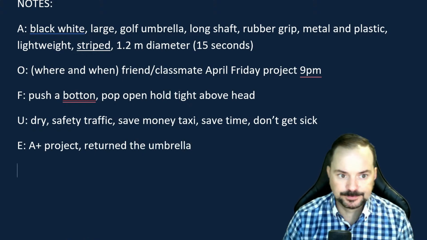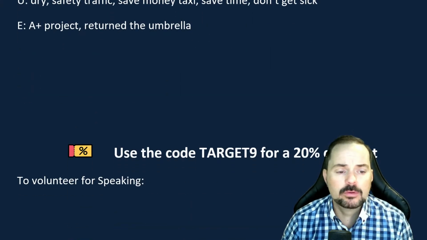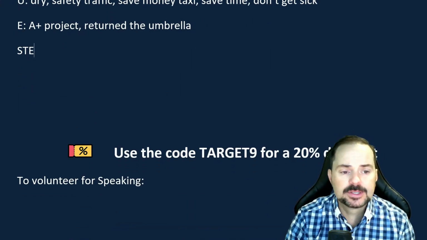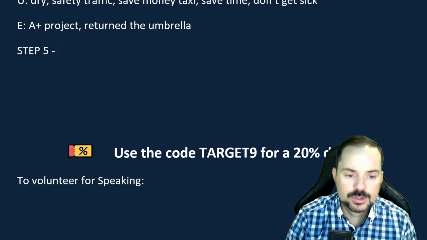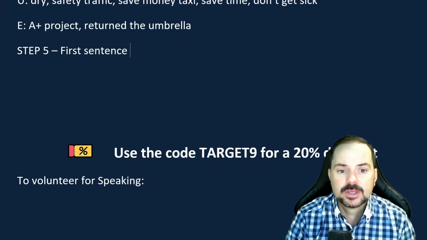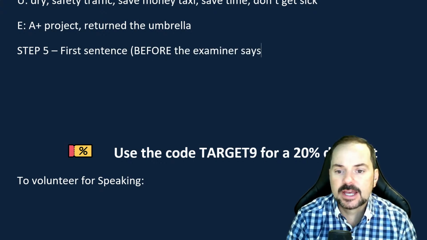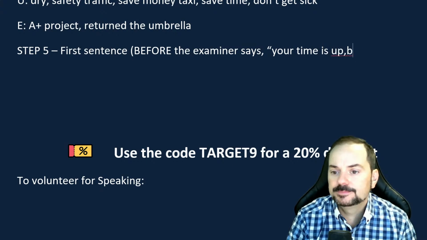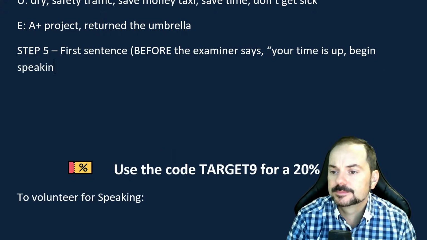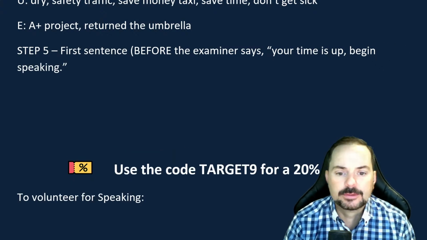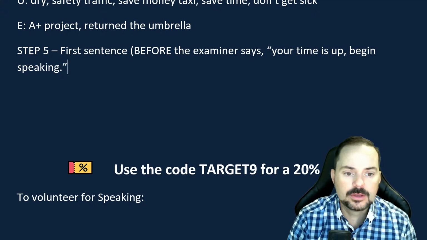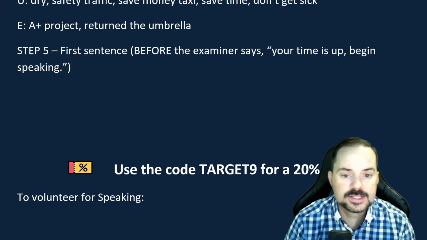Okay, good. So now you need the next step. This is usually step 5, which is your first sentence. So before the examiner says your time is up, begin speaking, you have to start, okay, with your first sentence when they say this.